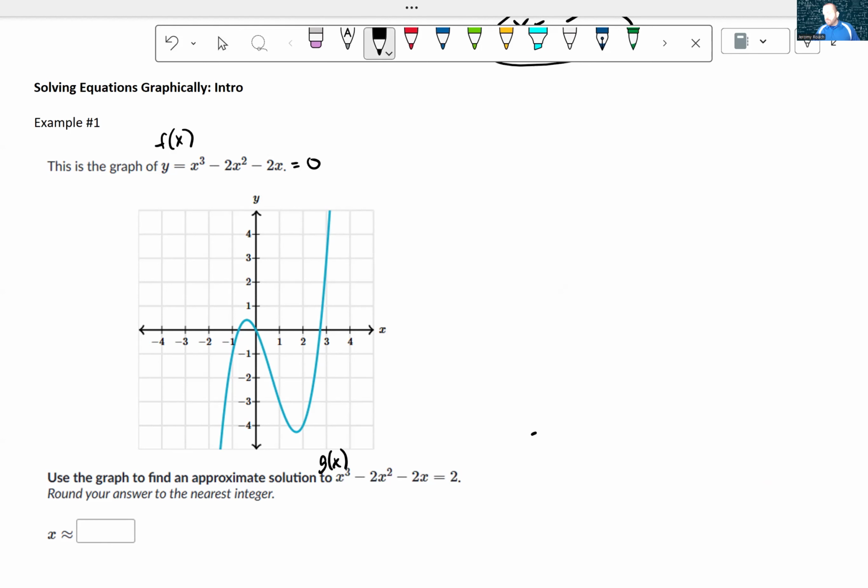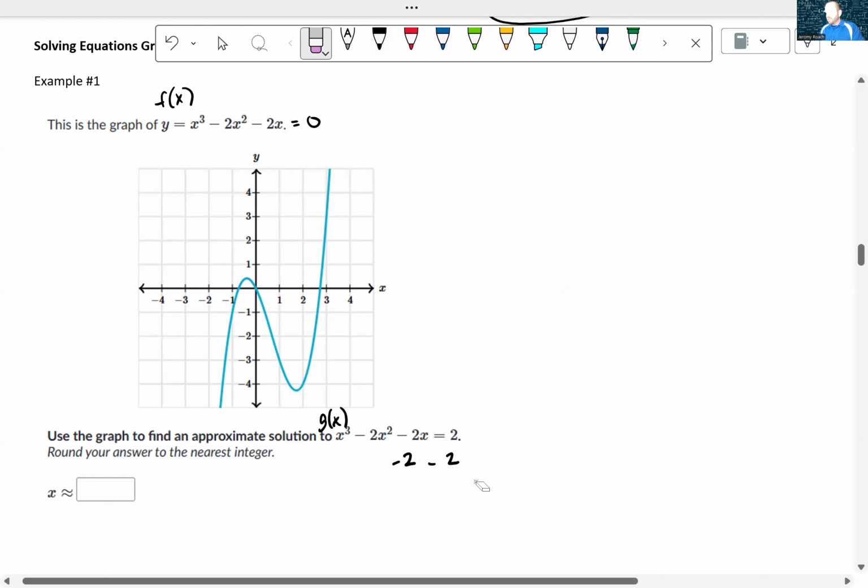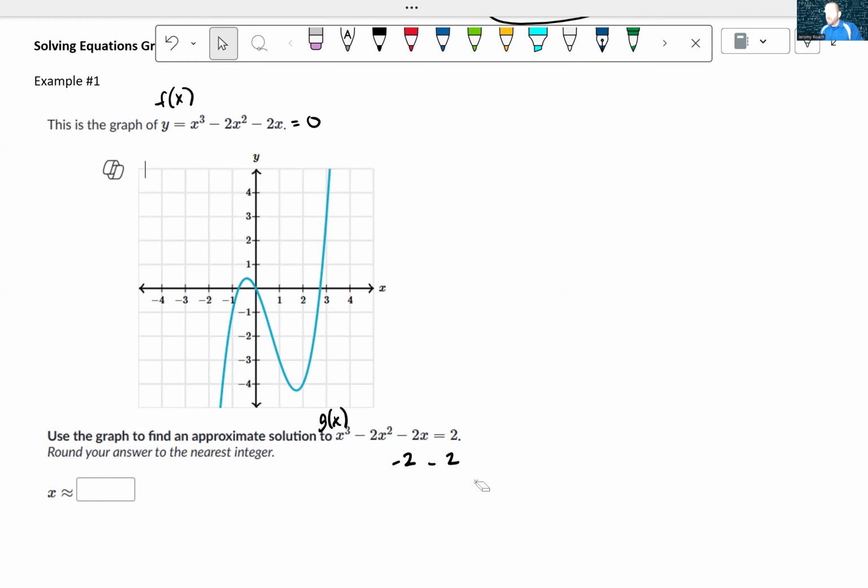So if we minus 2 on both sides, now our function is shifting down 2 units, because we just have a negative 2 as our constant term. All the coefficients, all the variables are the same otherwise. So this is x cubed minus 2x squared minus 2x minus 2.